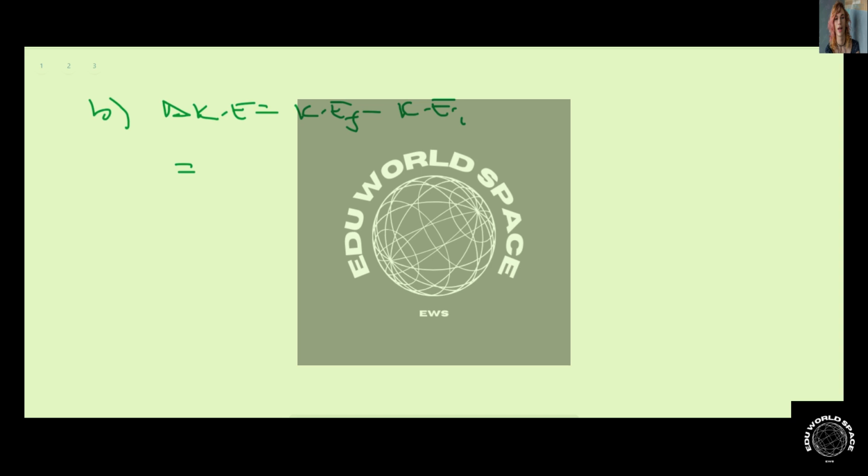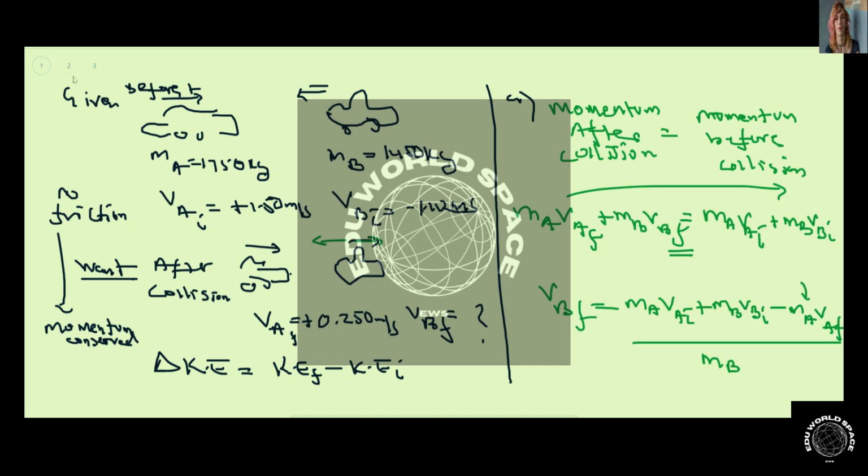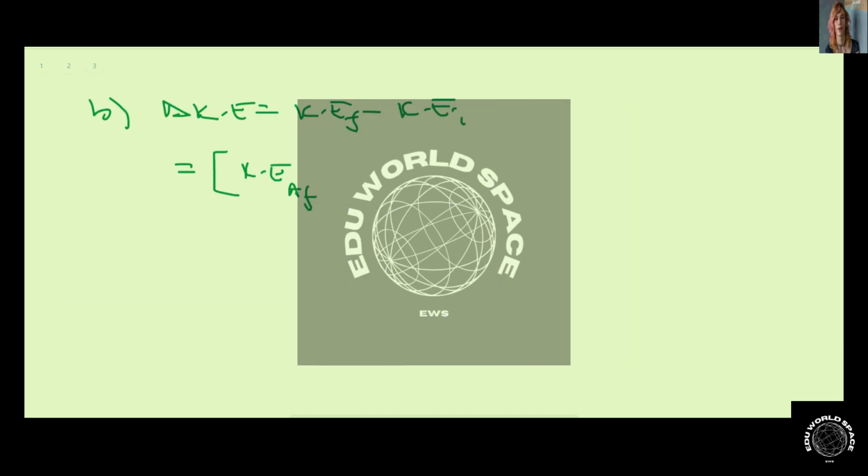And so the final kinetic energy is the final kinetic energy of the bigger car, which we're calling A final, plus the final kinetic energy of the smaller car, minus the initial kinetic energy of the bigger car, plus the initial kinetic energy of the smaller car. So that's the process right here.